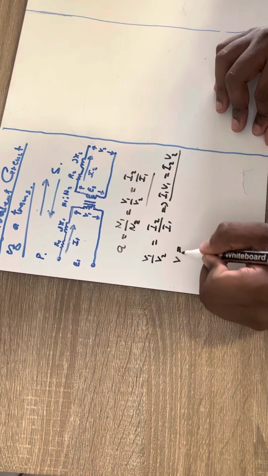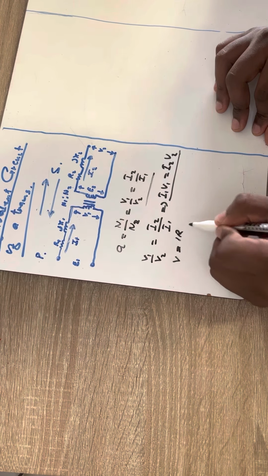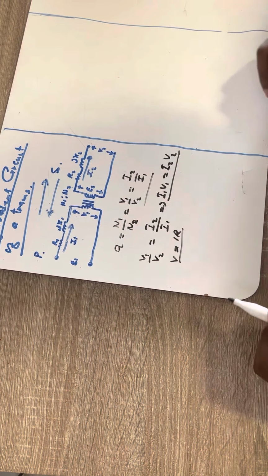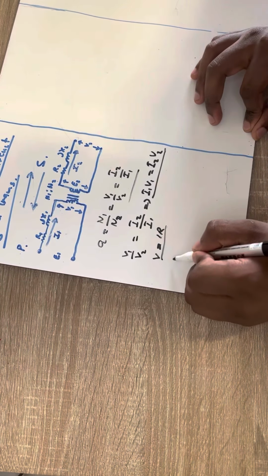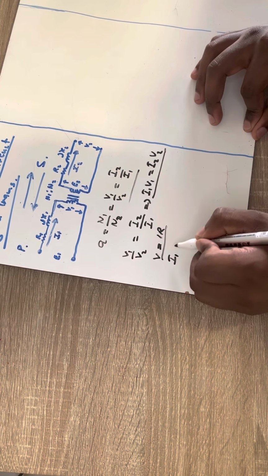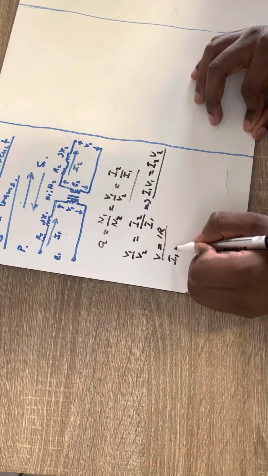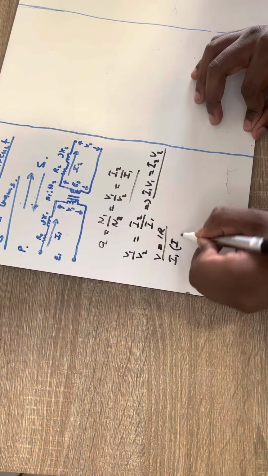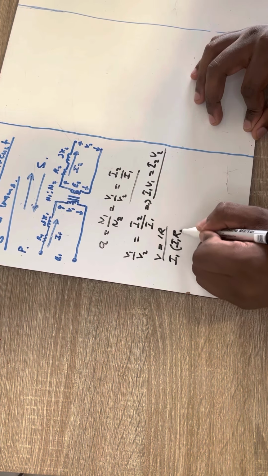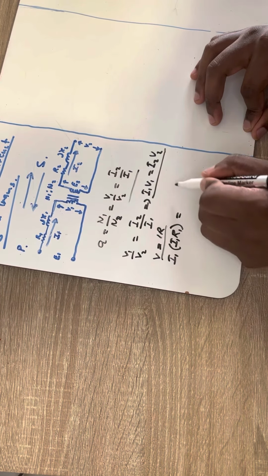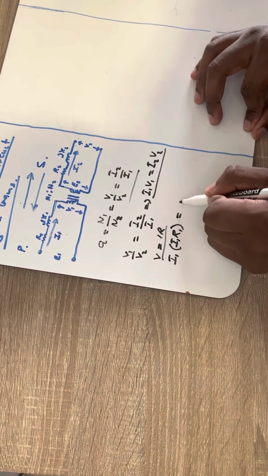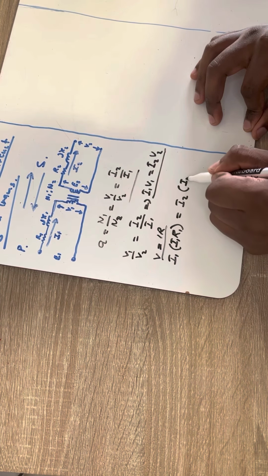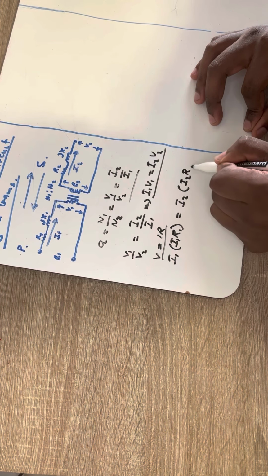So we know from Ohm's law, V is equal to IR, right? So you substitute IR in the place of V. From the primary side, in the place of V, we substitute I1 R1, equals, on the secondary side, in the place of V, I2 R2.